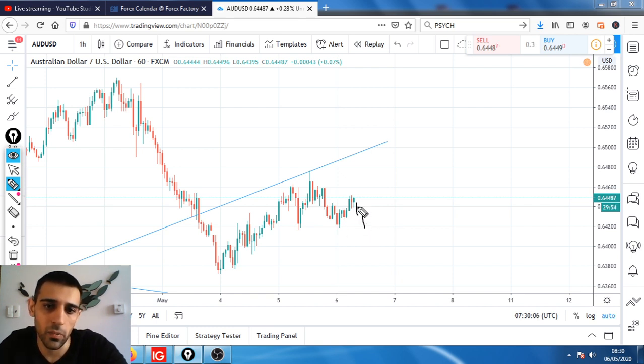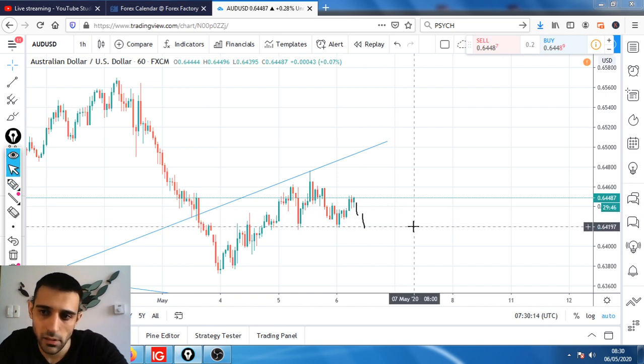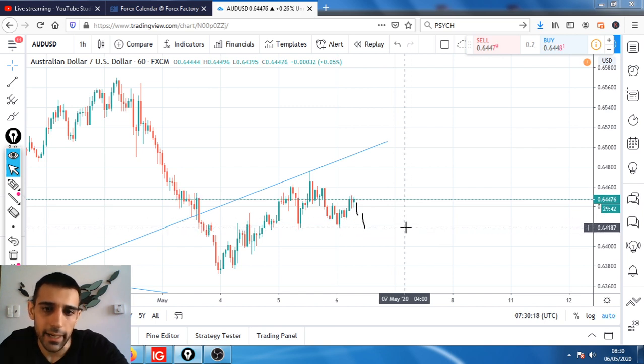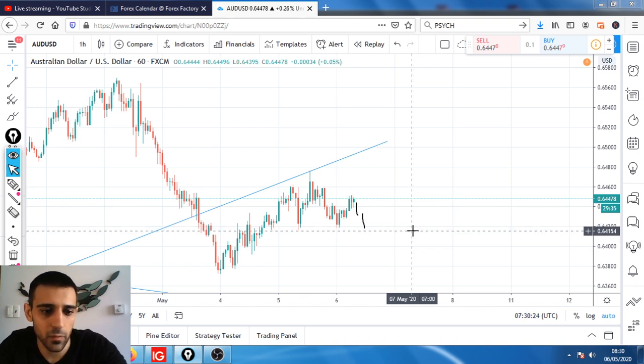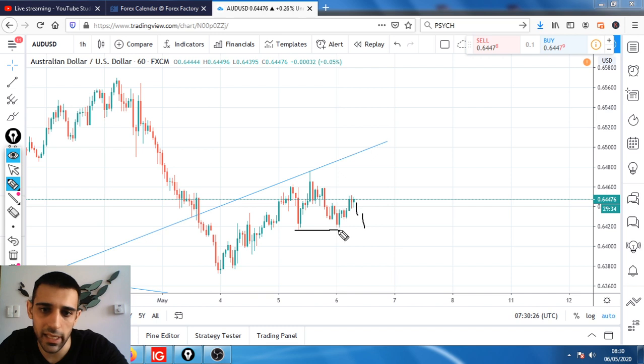I do want to see the price pushing down a bit more, maybe down to 64.20. Yeah, ideally the price comes down to this level at roughly 64.15. That means that the price will take out these two lows down here.